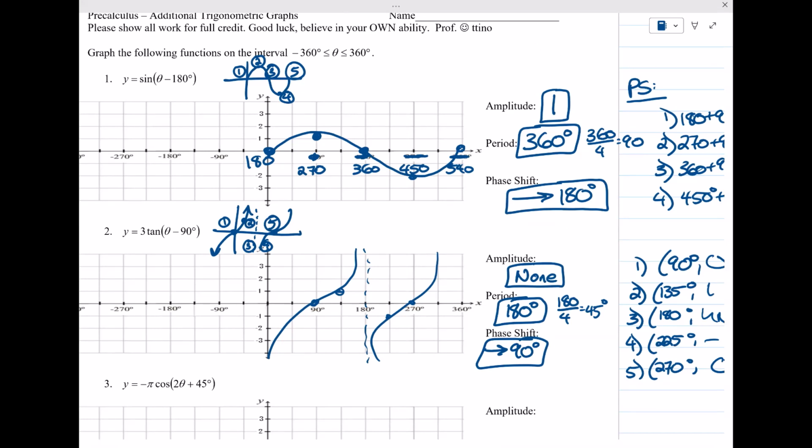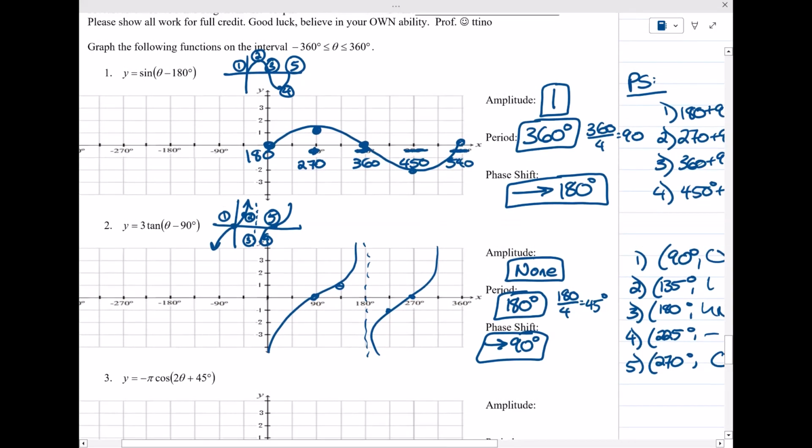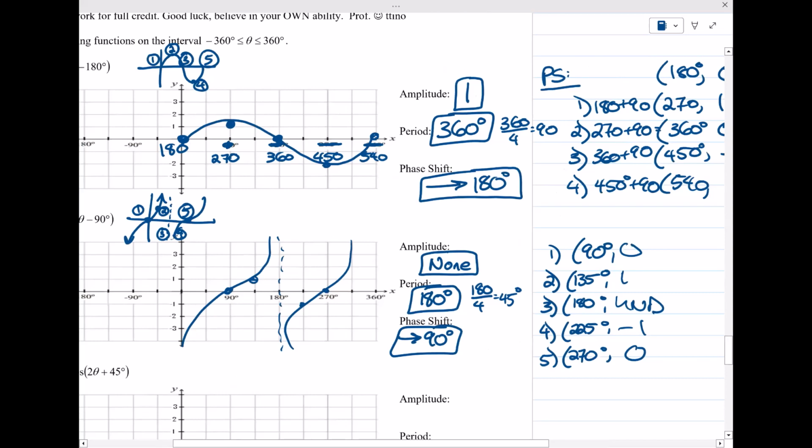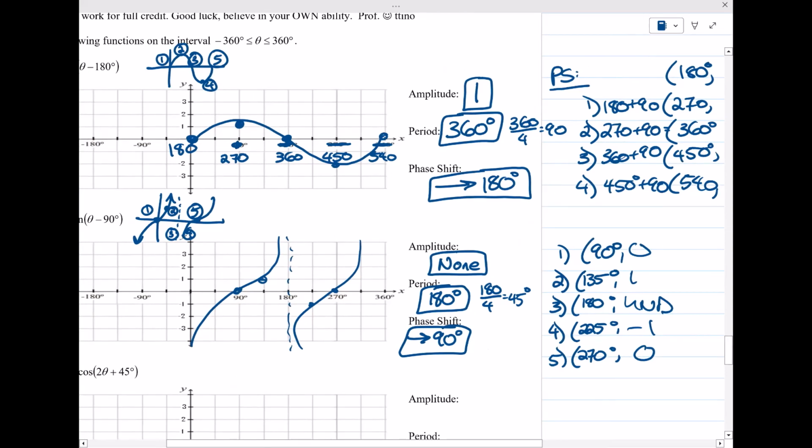You only need the 2 point. Well, we picked the 5 points here. Yeah, for the shape, there's always 5. So you always start at 0, and you just pick like 5 points to get a full period.